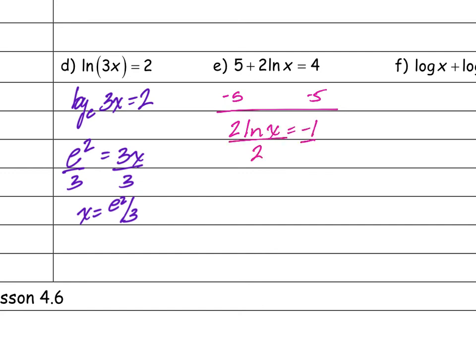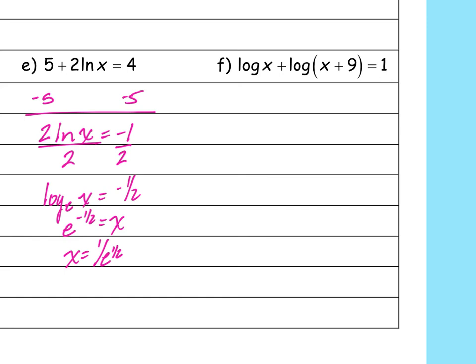Then I'm going to divide by 2. So then I have the natural log of x, or log base E of x equals -1/2. And if I switch that, I get e to the -1/2 equals x. So x is going to equal 1 over e to the 1/2. Done.